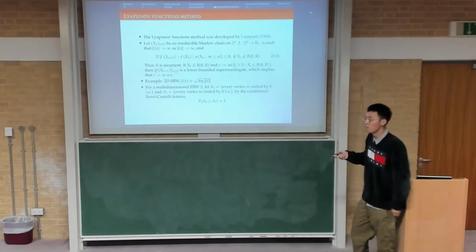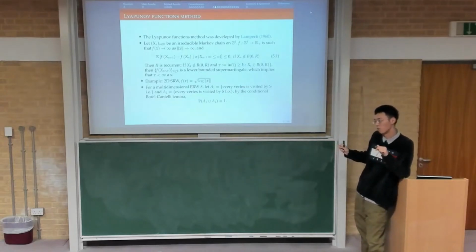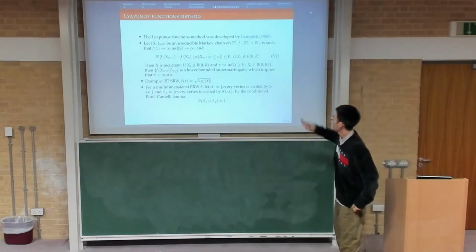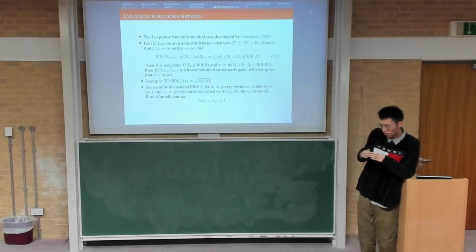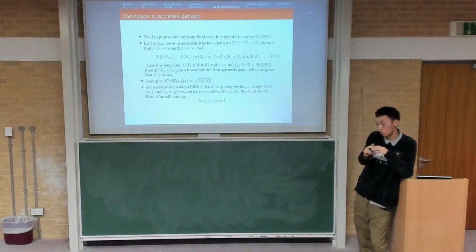So this shows that either all the vertices are visited infinitely many times, or all the vertices are visited finitely many times. Then, just like in this argument, it suffices to show that the elephant random walk will return to some fixed ball infinitely many times, or almost surely return to some fixed ball.